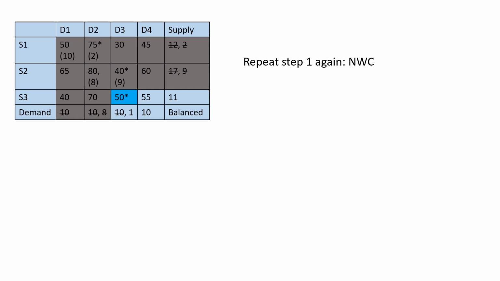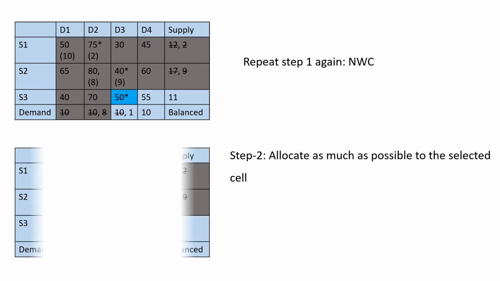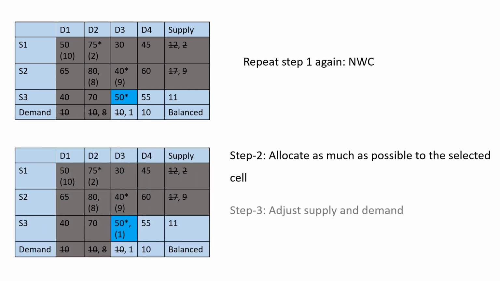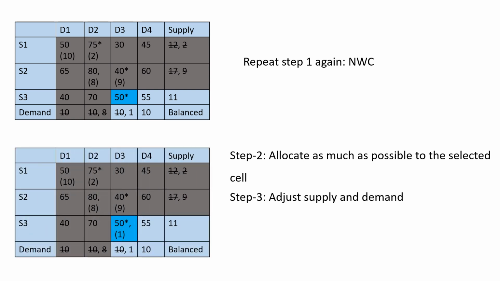So we have to move 1 to this cell, and then we have to adjust the supply and demand. So 1 is moved here, so here we have to cancel 1, and 11 minus 1 here remains 10.